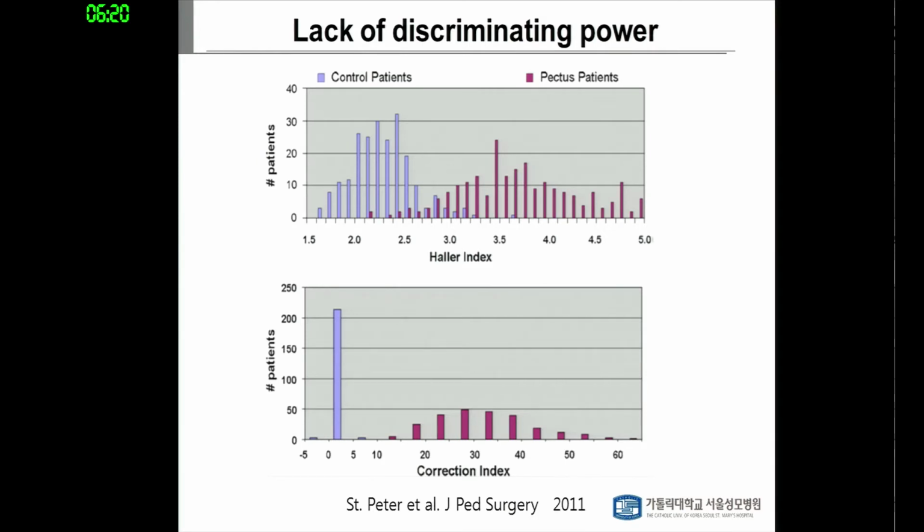Also, in the Haller index distribution between normal people and pectus excavatum patients, about 40% of normal patients overlap with pectus excavatum patients, meaning the discriminating power is not good, which questions its value as an index.